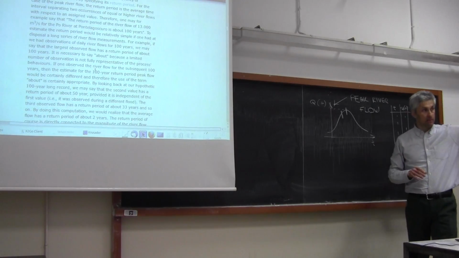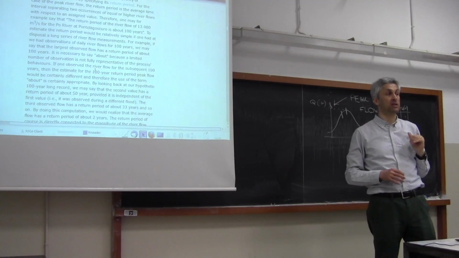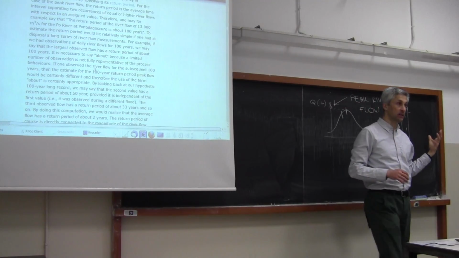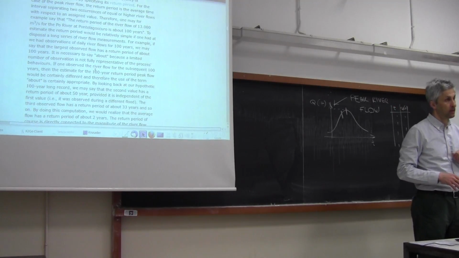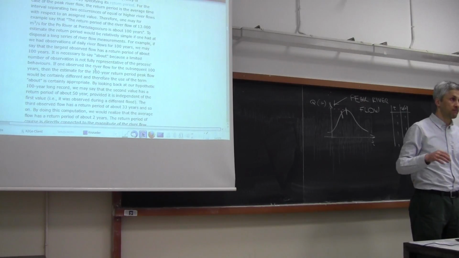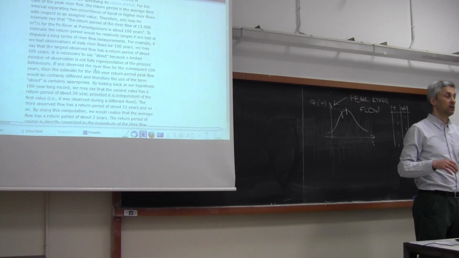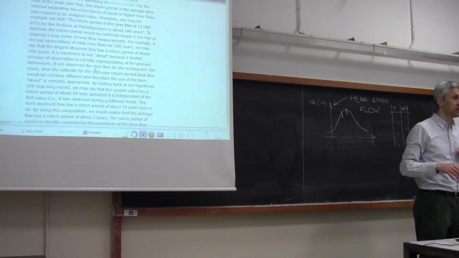If you rank the numbers from the highest to the lowest, you have to make sure that the second number is independent. And therefore, the second flood has a return period of 5 years, more or less. The third flood has a return period of 3.33 years, and so on.